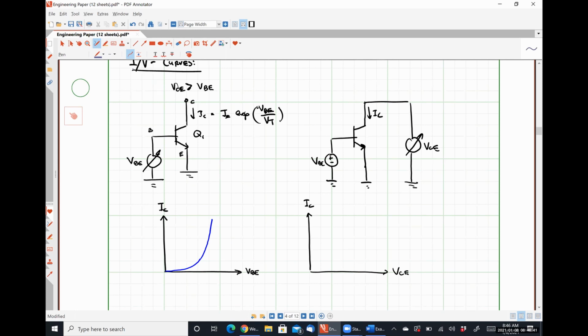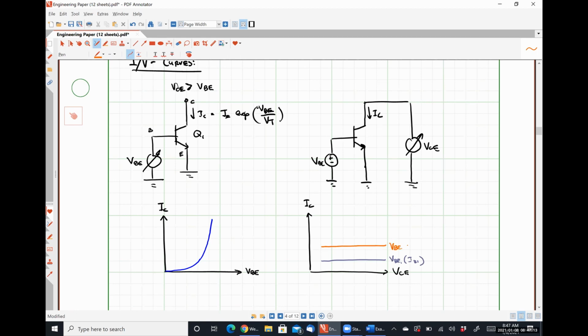So what we should observe is something like this, which is going to be flat for particular reasons. I'm going to say that this curve is at VBE1, and in some textbooks you see this characteristic equation plotted versus particular bias current. So VBE1 corresponds to a bias current of IB1. Then we might see something like this.